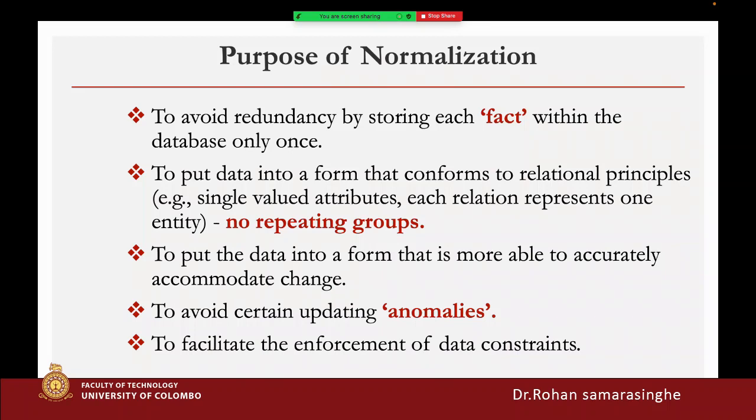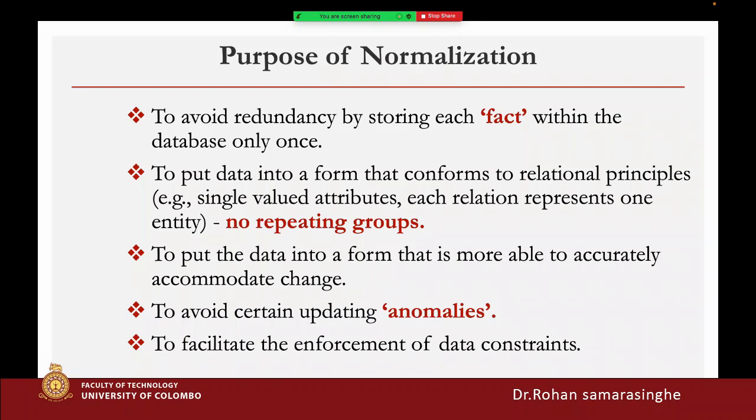In the surgeon table, many surgeons can be added, and if a surgeon is not going to provide service to that hospital, he can be removed from the table without affecting the patients. So avoid certain updating anomalies and facilitate enforcing data constraints. These are the purposes of normalization.